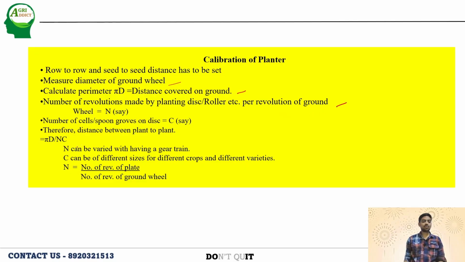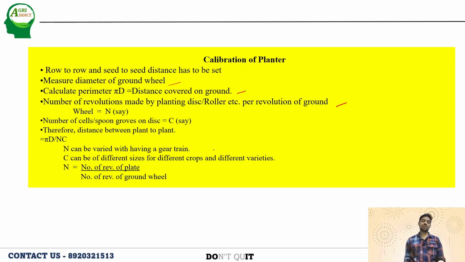Then we have to find the number of revolutions made by the planting disc. N is the number of revolutions, and the number of cells or spoon grooves on the disc is given the symbol C. Therefore the distance between plant to plant is given by the formula pi d by n c, where n can be varied with a gear train.